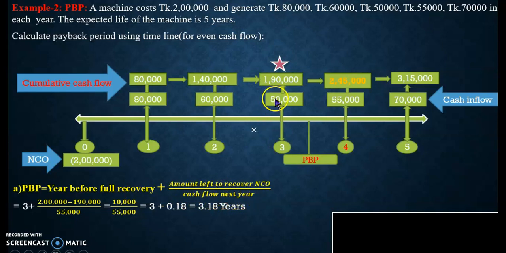Next year means the 4th year. 4th year cash flow is taka 55,000. That means divided by taka 55,000. It will be 3.18 years. 3.18 years is located after the 3rd year, before the 4th year.